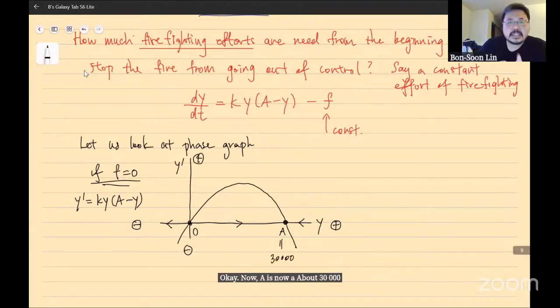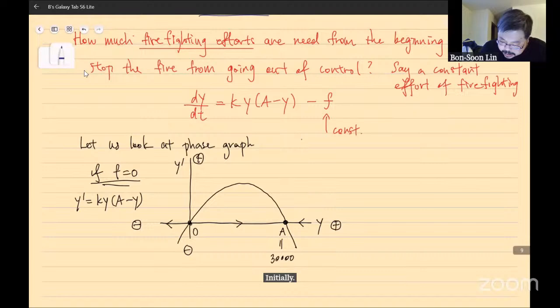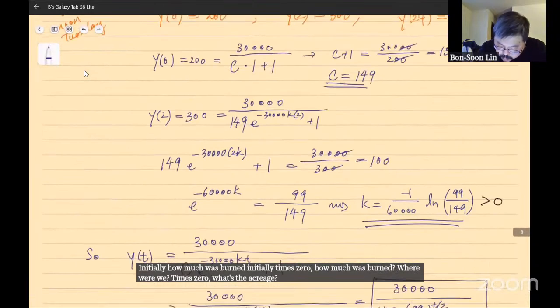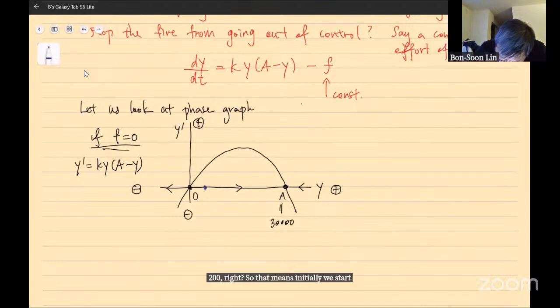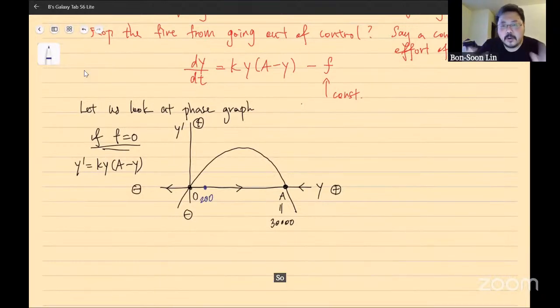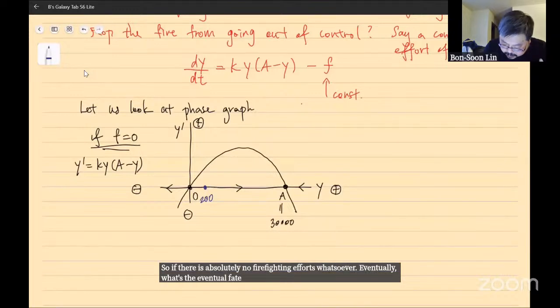And let's see if this agrees with what we observed. Initially, at time 0, how much was burned? What's the acreage? 200. So that means initially we start somewhere right here, 200. So if there is absolutely no firefighting efforts whatsoever, what's the eventual fate of all the fire? What's going to happen?